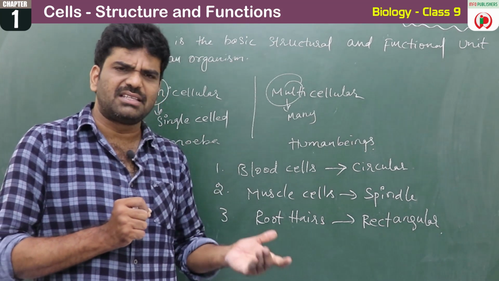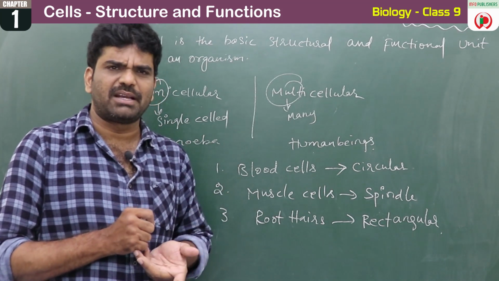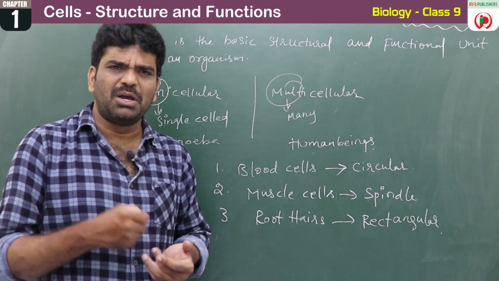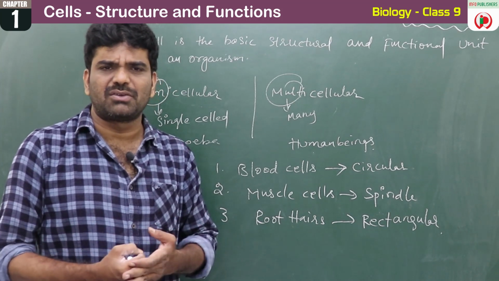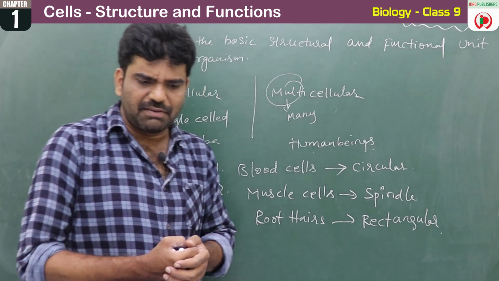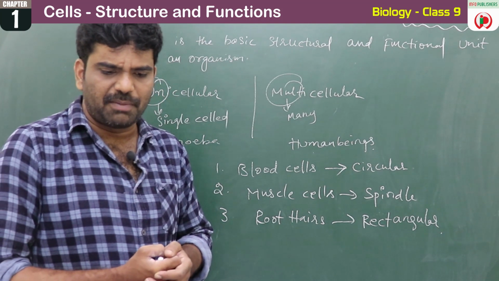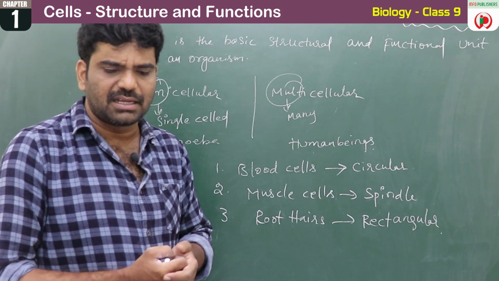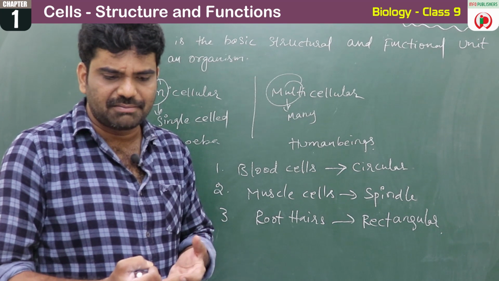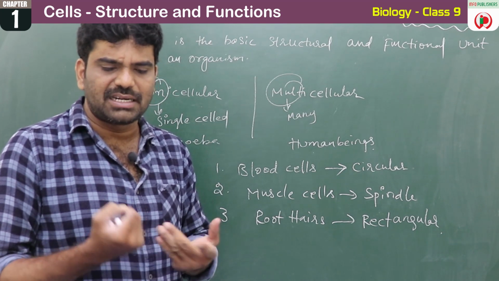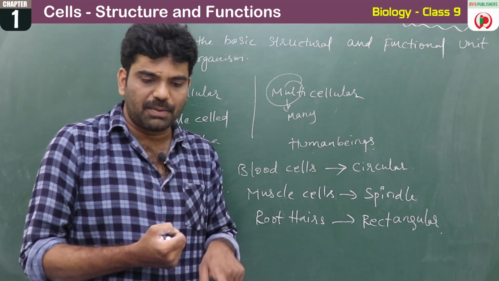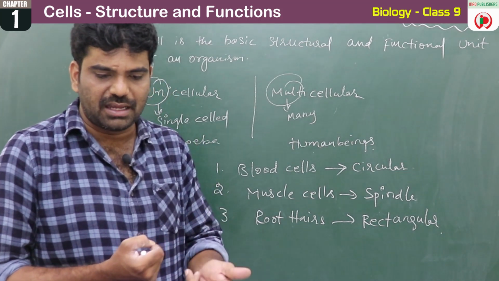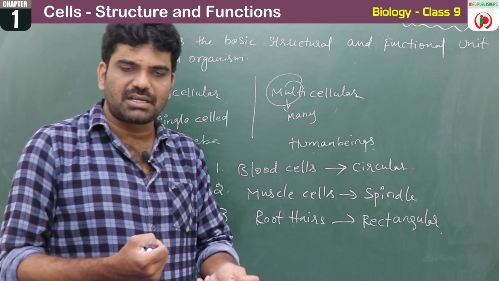Already we have discussed the microscope and different types of microscope, like simple microscope, compound microscope, electron microscope. So when we observe the cell under a compound microscope, we can see some parts like cell wall, cytoplasm, nucleus, chloroplast and mitochondria. However, when the same cells are observed under the electron microscope, a few other structures become visible.